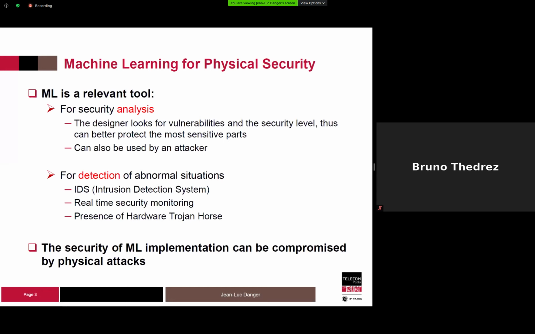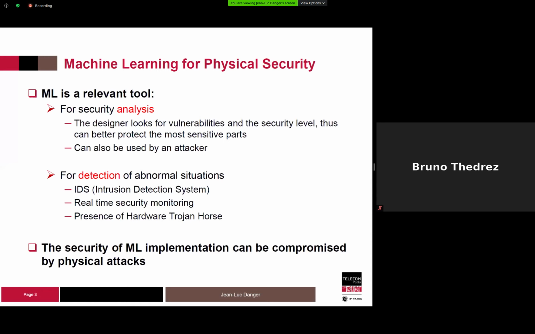We can also monitor in real time. It's not only offline analysis like IDS, it can also be online. In this case, it's real-time analysis of the security. And we can also detect the presence of a malevolent block, a hardware Trojan horse, in an embedded system. I say hardware because we also have software, but here I will focus mainly on hardware Trojan horses.